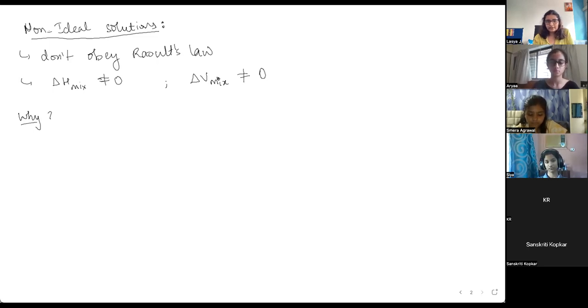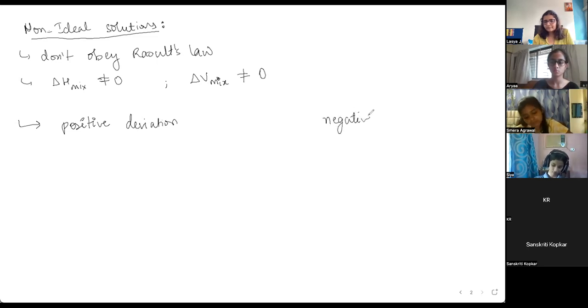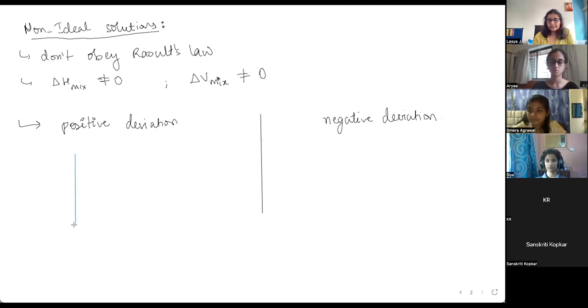Okay, before that, let's look at non-ideal solutions. There are two types. If they don't obey, there could be a positive deviation from Raoult's law, or there could be a negative deviation from Raoult's law. So positive deviation means the actual values are greater than expected values.